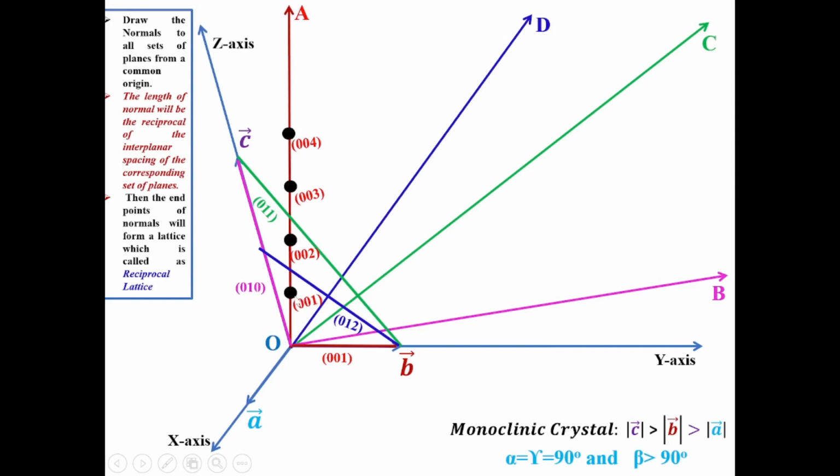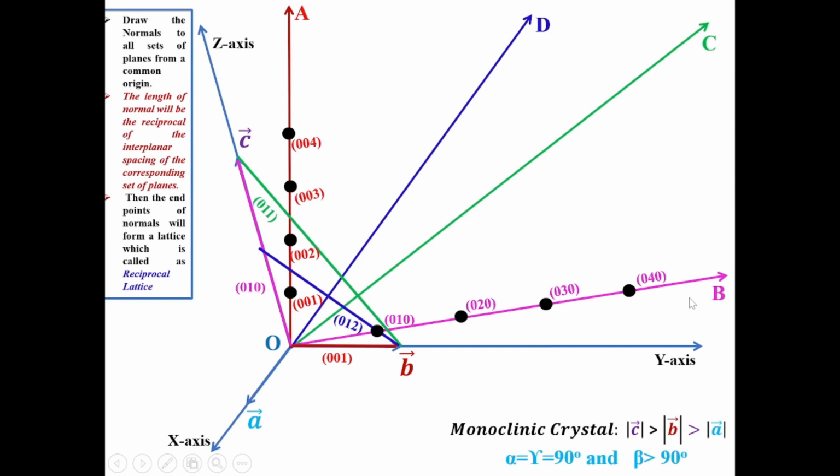This point will be 001, this 002, 003, 004. Remember that these points are in the reciprocal lattice, and these points represent the sets of planes. Similarly, along this OB, we are going to locate the 010, 020, 030 and 040 lattice points, which represent the corresponding sets of planes.